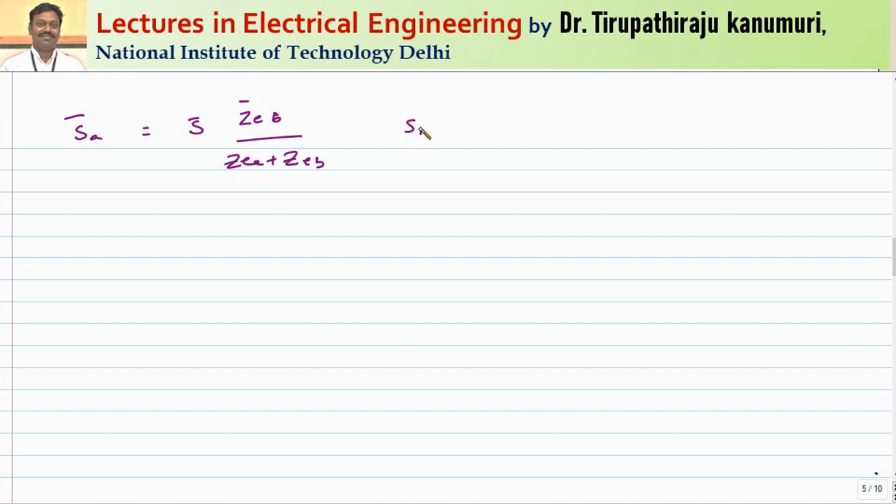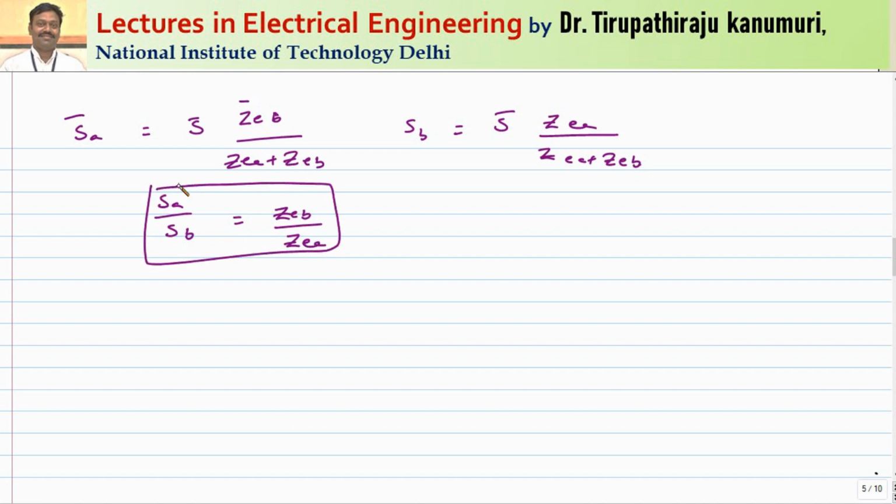Similarly, SB we got as S multiplied by ZEA divided by ZEA plus ZEB. You are getting this? So from this I can take the ratio of these two. SA divided by SB will be equal to ZEB divided by ZEA. This is what is obtained.